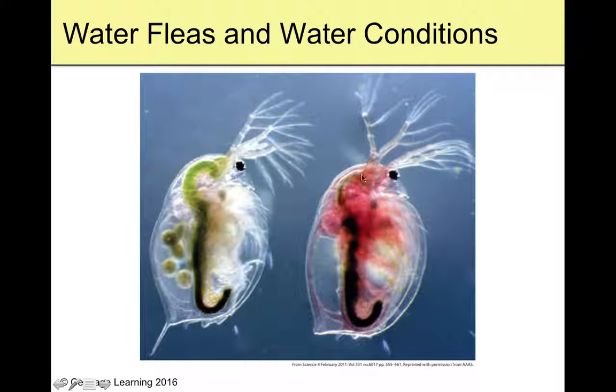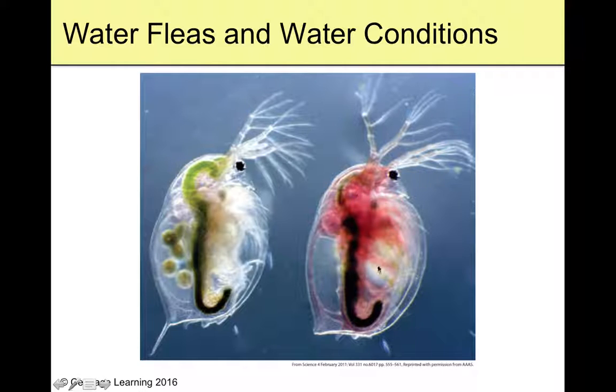So here's your water fleas. This guy over here grew up in water that had a normal oxygen content, and so he is green. This guy grew up in water that was oxygen poor, and you and I use a big protein called hemoglobin. Hemoglobin binds to oxygen and is a big part of the reason why our blood is red.